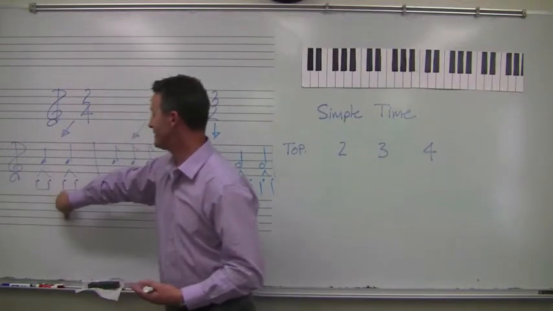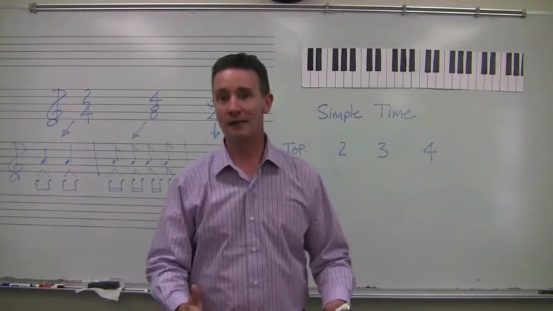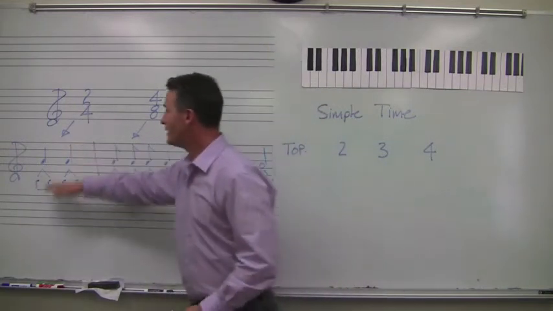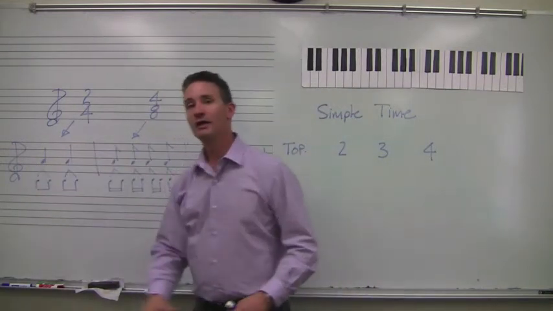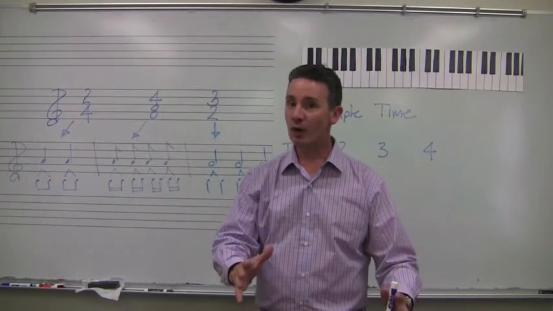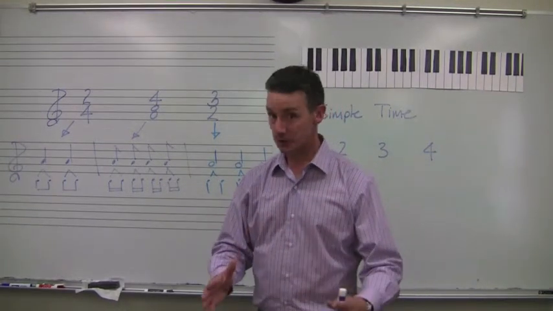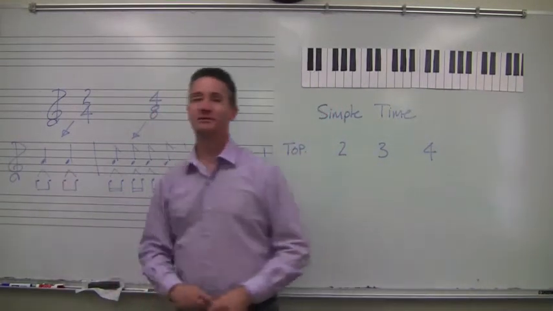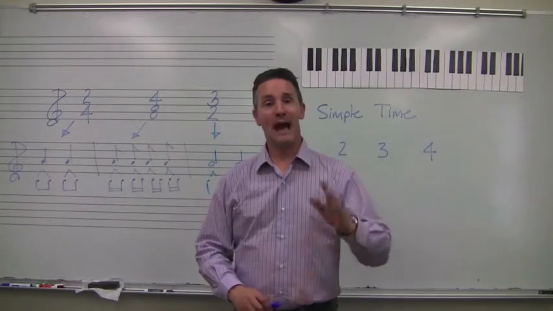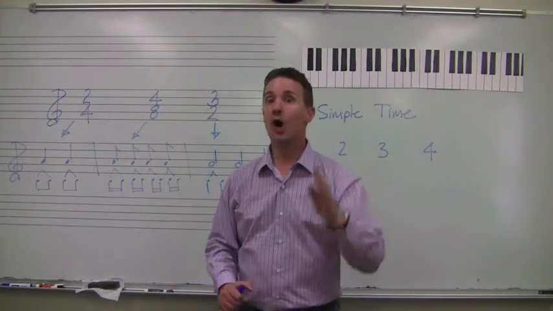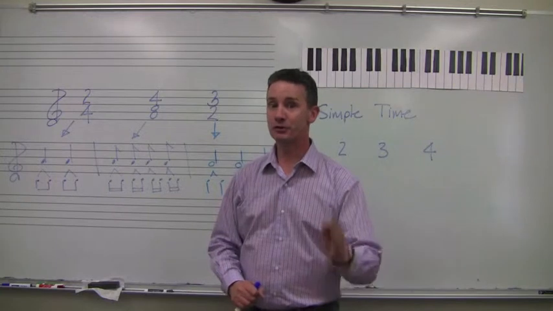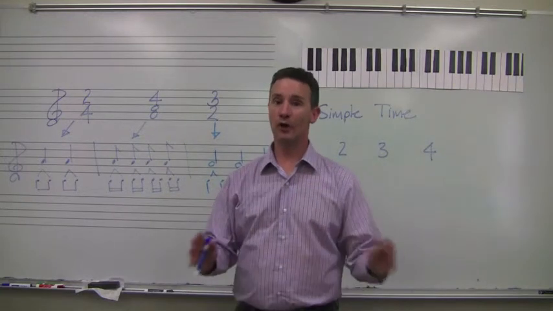Each quarter note is equivalent to 2 eighth notes. Now, we can write in that measure any note values we want that add up to 2 quarter notes, no more, no less.